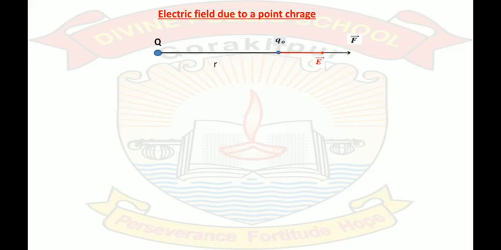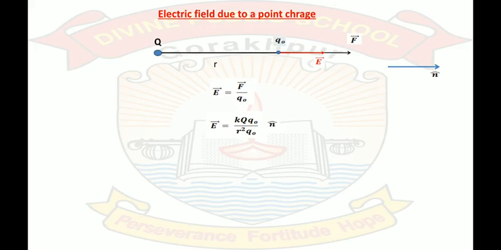Now electric field is defined as E vector is equal to F vector upon Q naught. If you put the value of F vector, then we have KQ Q naught upon r square. But one problem is there, that F vector has a direction, so we need a unit vector along the direction of F. So we are going to define a unit vector in this direction, and we'll put n cap over here.